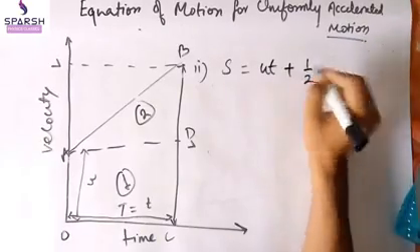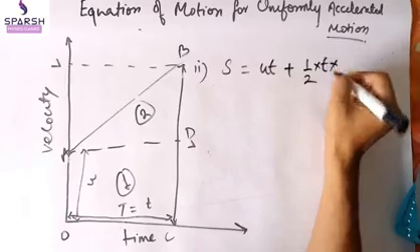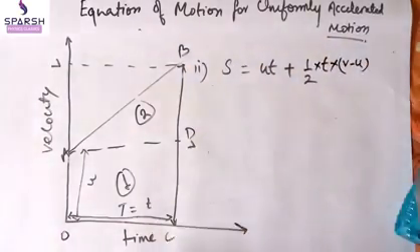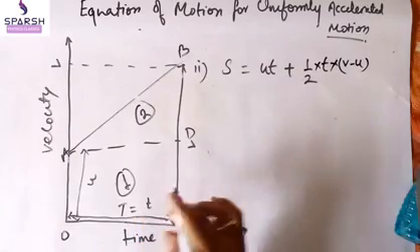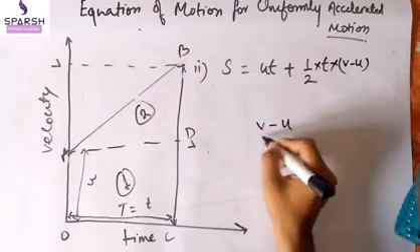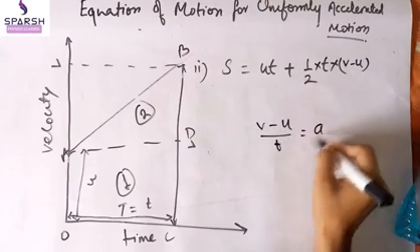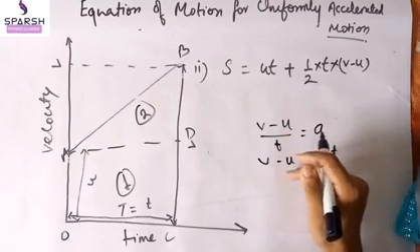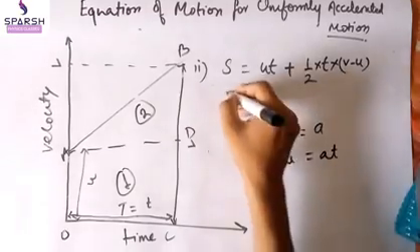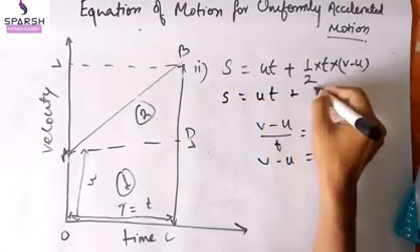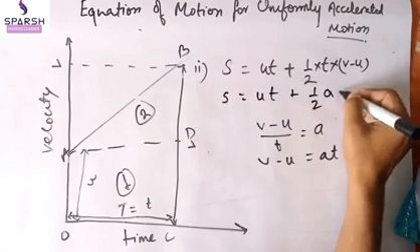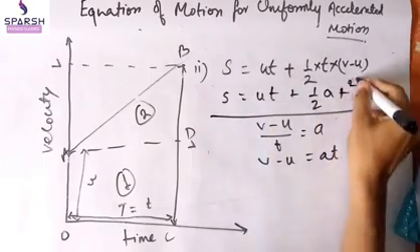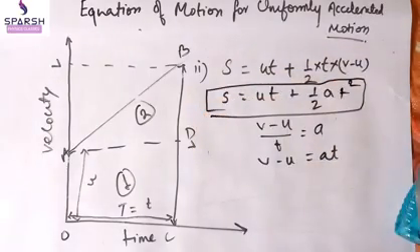Half base is how much? t, and height is how much? v minus u. In the first equation we have seen that v minus u upon t is equal to a, so v minus u is equal to at. Replace the value of v minus u as at, so you get s is equal to ut plus half at into t, that is s is equal to ut plus half at square.